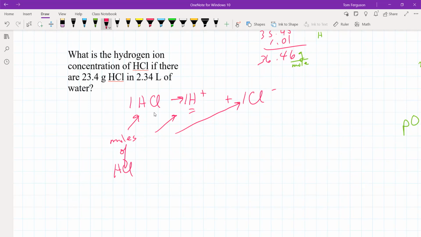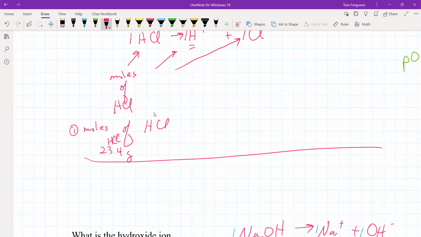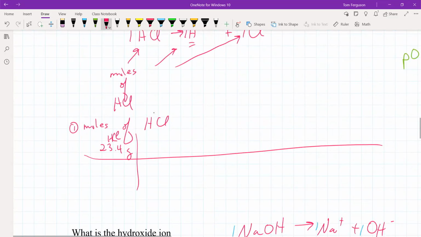So the first thing we need to do is calculate moles of HCl. We're starting with 23.4 grams of HCl. The molar mass of HCl is 36.46 from the periodic table.